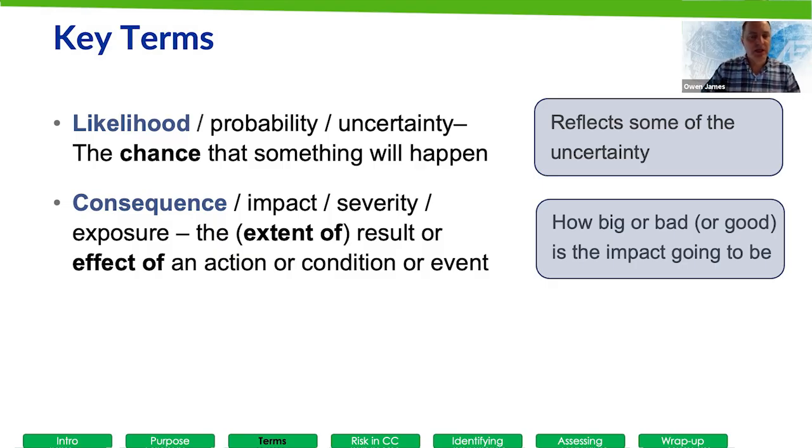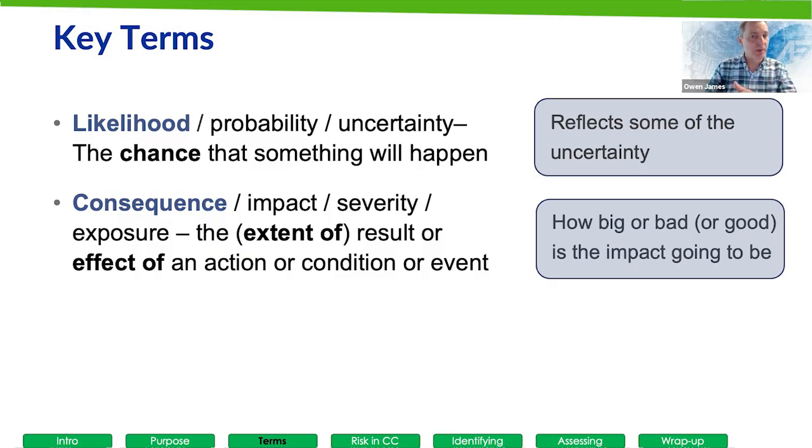So hopefully those terms make some sense. Now, the caveat to this is, when we get into risk in a moment, one of the first stages of risk management is about understanding context and defining your risk framework. A lot of organizations will define a risk framework and they will have slightly different meanings for each one of these terms.